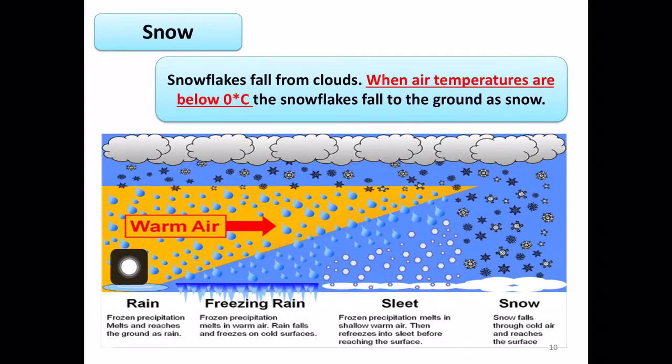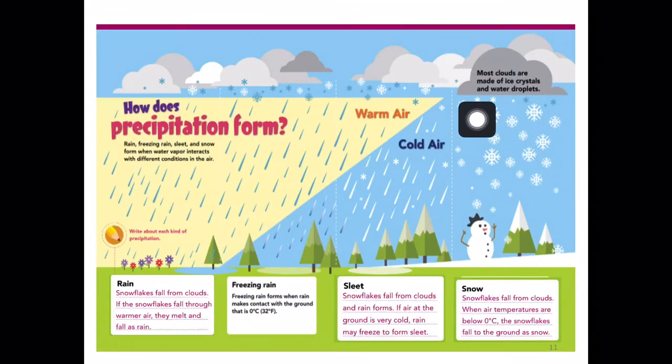So here you can see the air was really warm and it starts to get a little bit colder. Snowflakes fall from clouds, and when air temperatures are below 0 degrees Celsius, the snowflakes fall to the ground as snow. So snow will fall through the cold air and reach the ground, reach our surface.